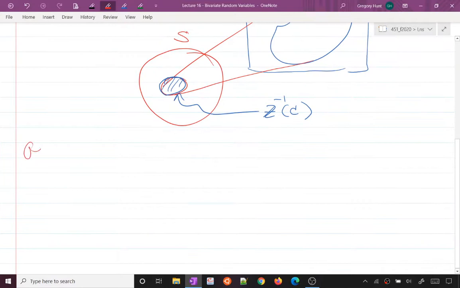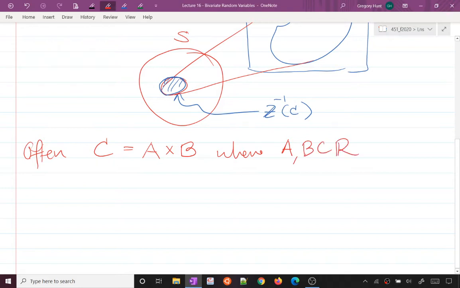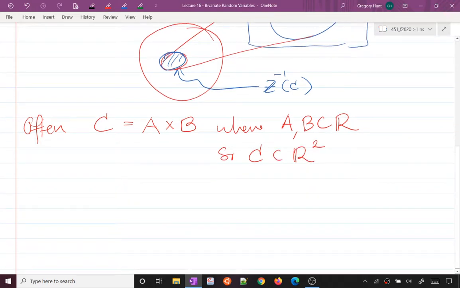Often we'll deal with a set C that is the Cartesian product of two sets A and B, where A and B are subsets of the real line. So C, which is that Cartesian product, would be a subset of R^2.